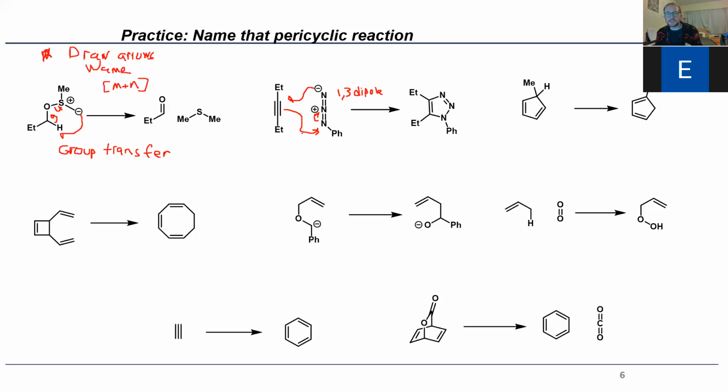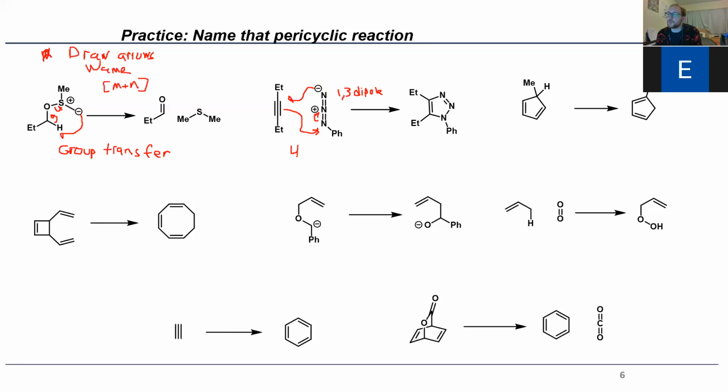If we just use basic cycloaddition nomenclature, we'll note that there's 2 electrons from the alkyne participating in the cycloaddition reaction, plus 2 electrons from the lone pair of the azide, as well as 2 electrons in this alkene, or this nitrogen double bond.